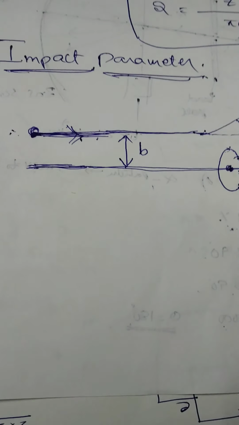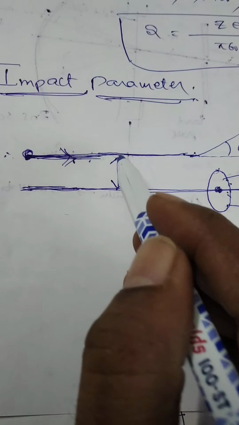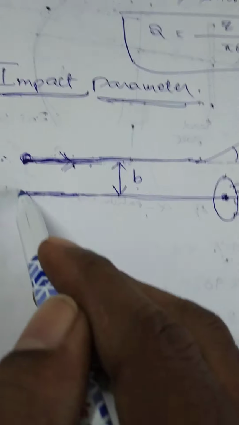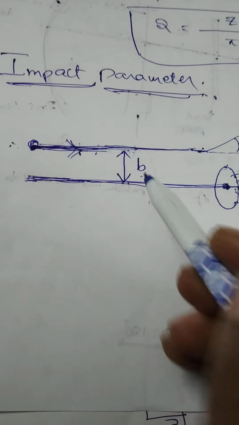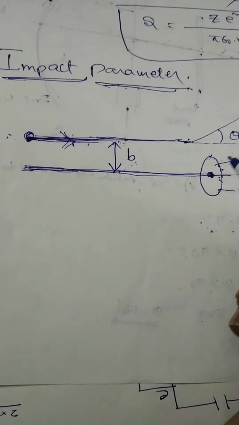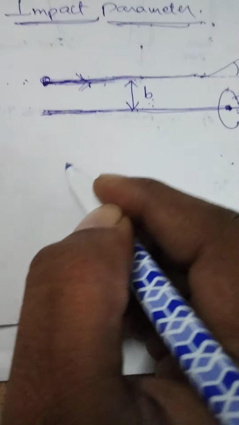So impact parameter means the perpendicular distance of the velocity of the particle from the straight line passing through the center of the nucleus. This is the definition of impact parameter, and it is represented by B.